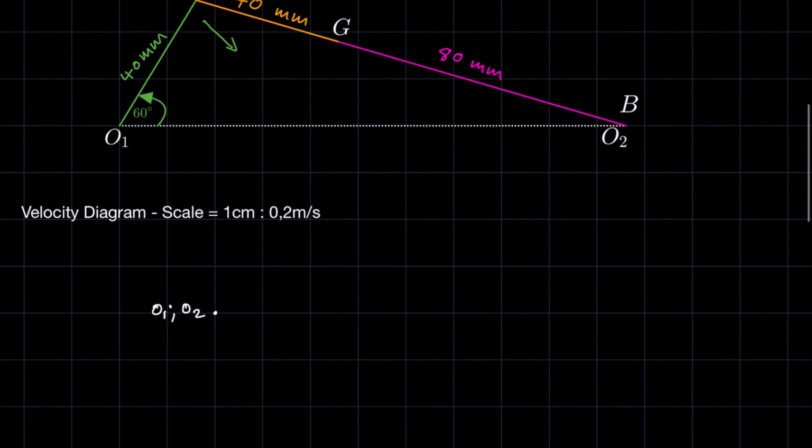Now also I want to mention that as far as velocity, if the frame of reference is a fixed point, just like this velocity here where the frame of reference O1 is a fixed point, then you can take that velocity as an absolute velocity. Taking this as an absolute velocity means this is the same as just saying this is equal to VA.